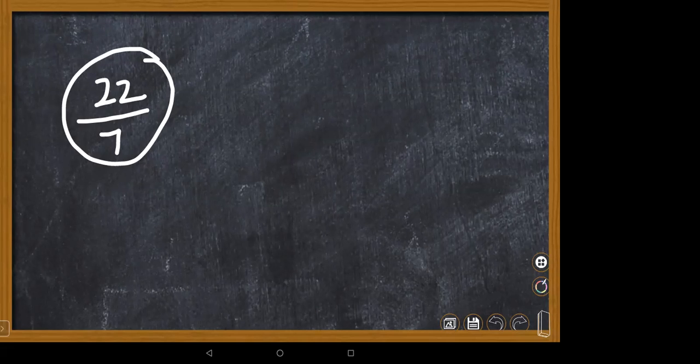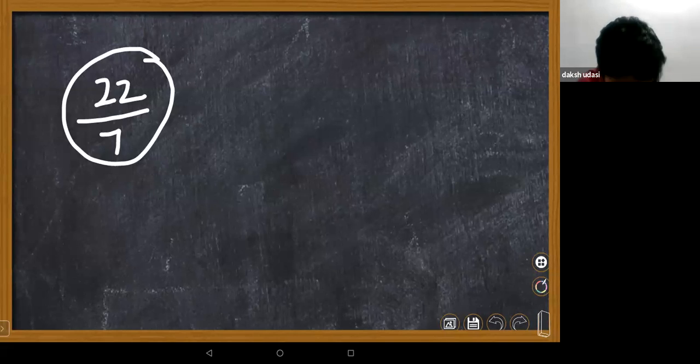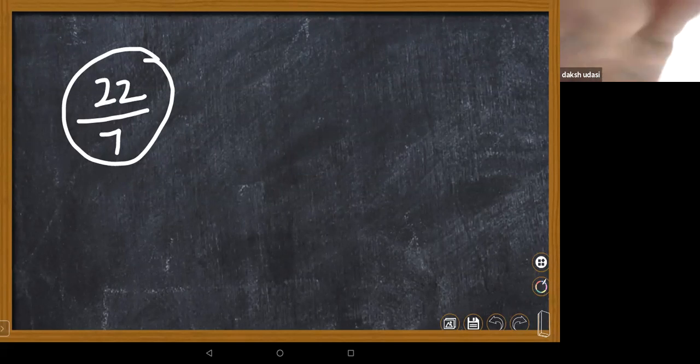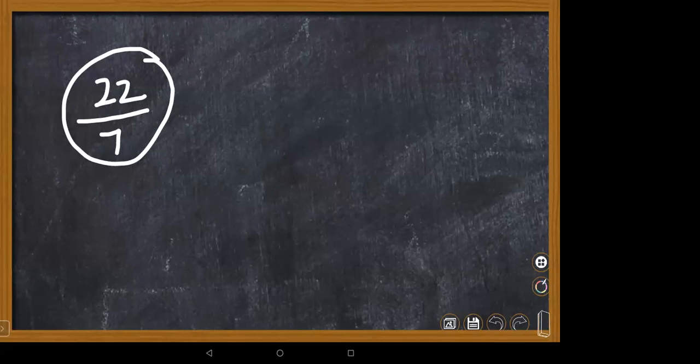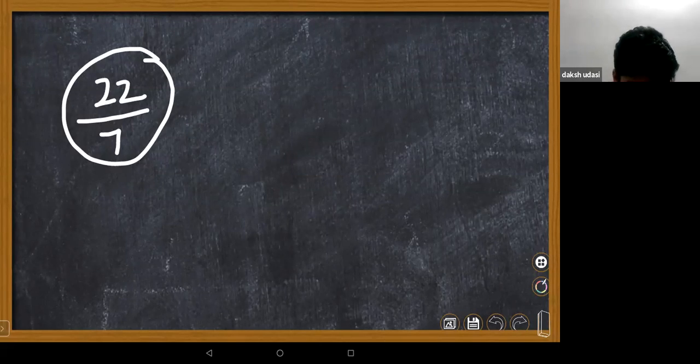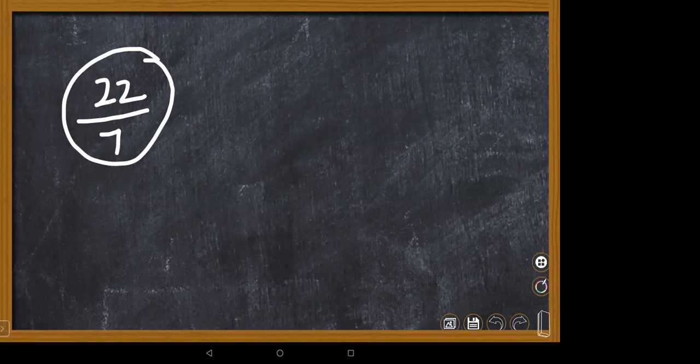No, I don't want the quotient. You know decimal division, right? Ma'am, I thought you said normal. You know division, right? Yes, ma'am. Normal division, 22 by 7.